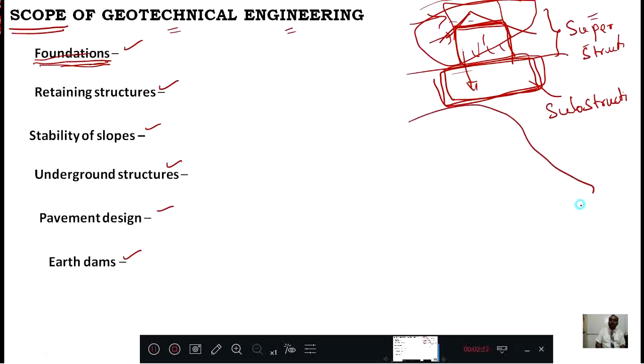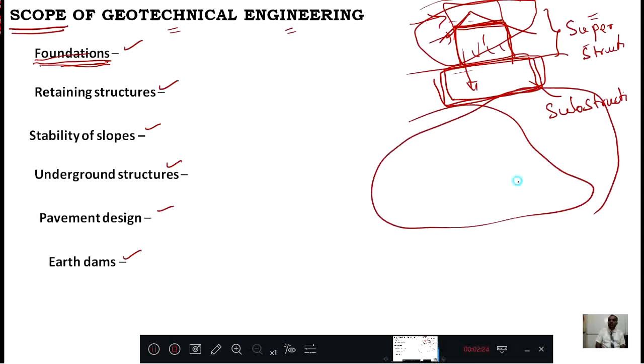The foundation acts as an intermediary to transfer the load from the superstructure to the ground. Therefore we have a term called foundations, and we will study in detail the types of foundation and their suitability. That comes under geotechnical engineering.